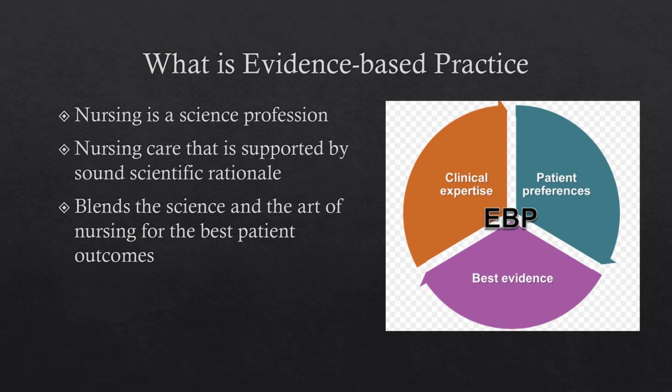Evidence-based practice is nursing care that is supported by sound scientific rationale. This type of research blends the science and the art of nursing to provide the best patient outcomes. Part of evidence-based practice is to take the patient preferences into account. And when doing research, the patient preference is always assumed to be to return to health and functionality.